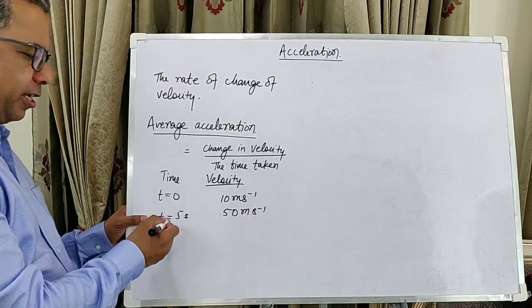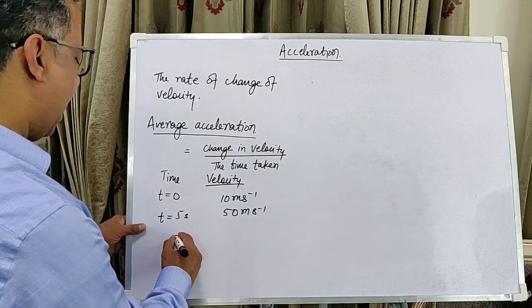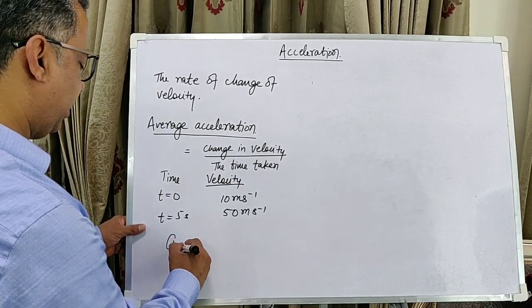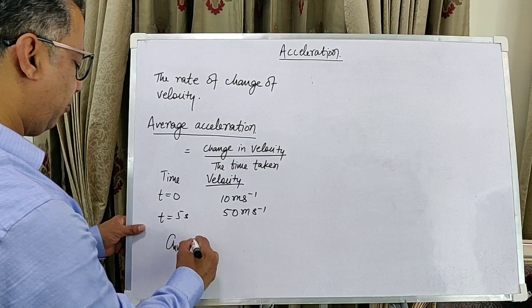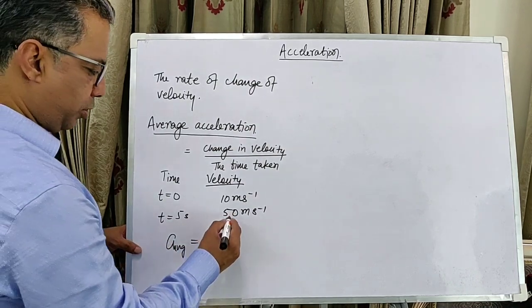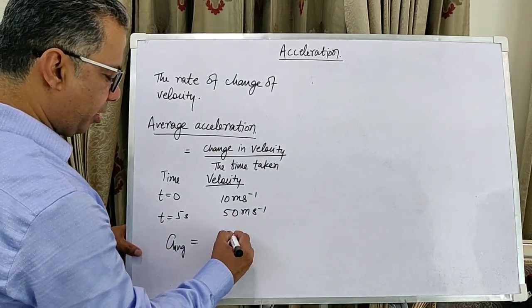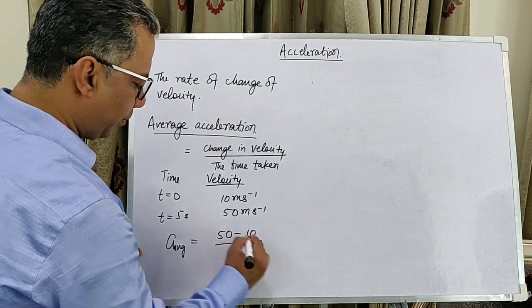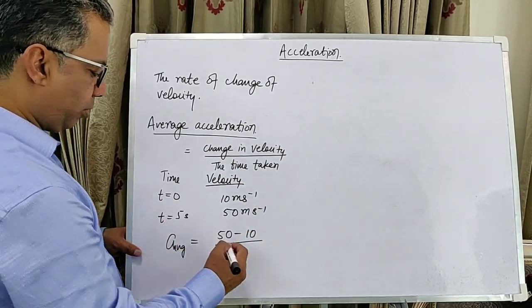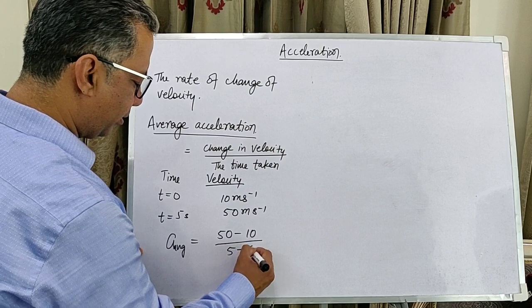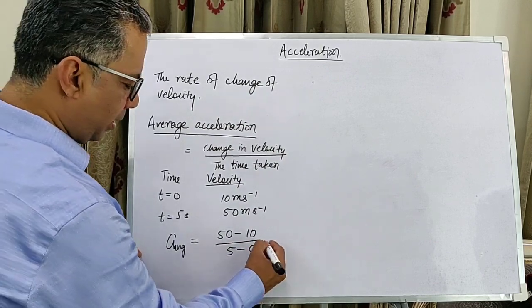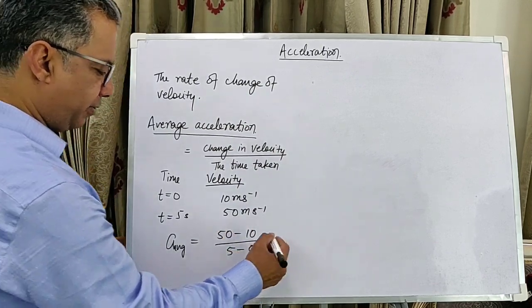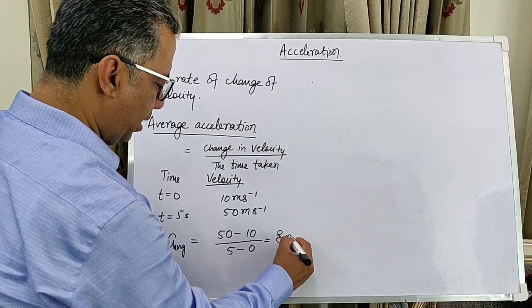Now over this 5-second interval, the average acceleration would be equal to the change in velocity, that is 50 minus 10, divided by the time it took, that's 5 minus 0, and that's 40 by 5, that's 8 meter.